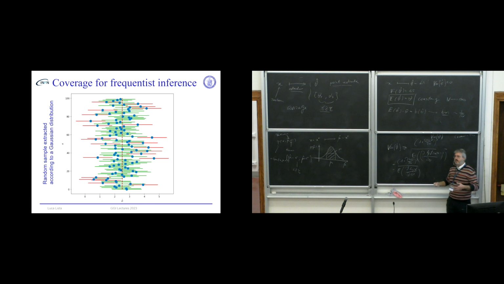So maximum likelihood estimators for large numbers are unbiased in the limit of large values and provide the smallest possible uncertainty, in the sense that the variance of the estimator is equal to the bound. That's why most of the time we use the maximum likelihood estimator.